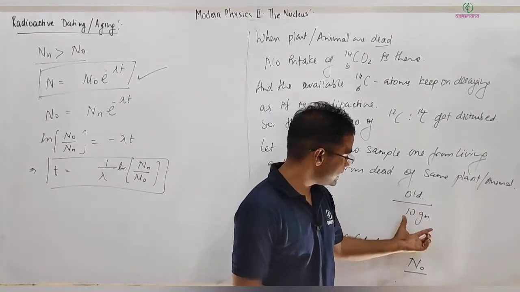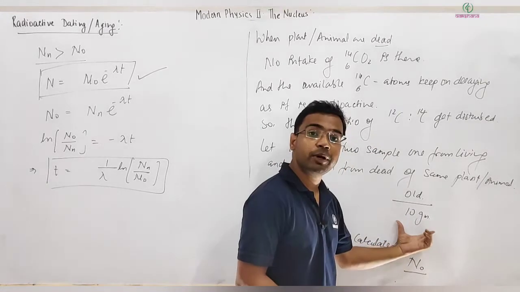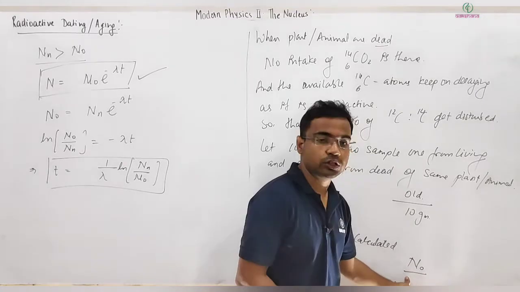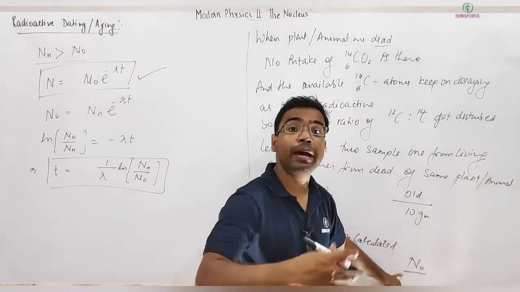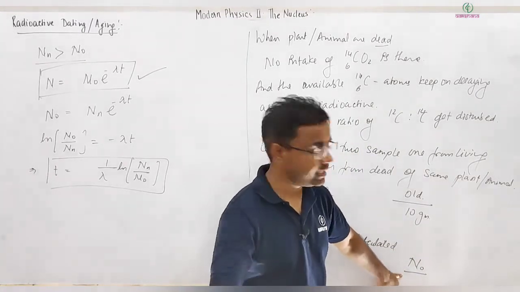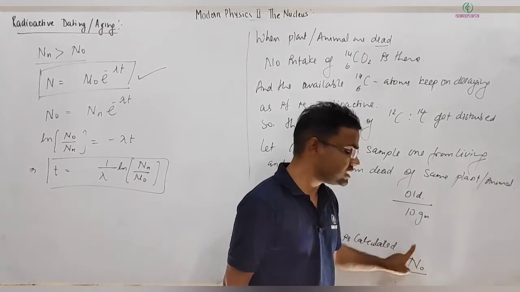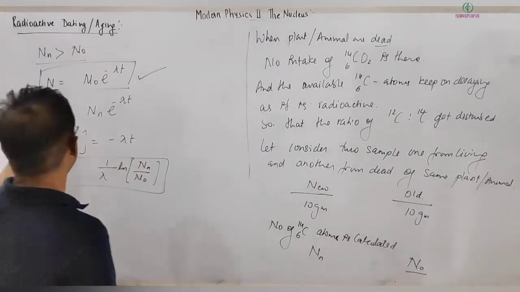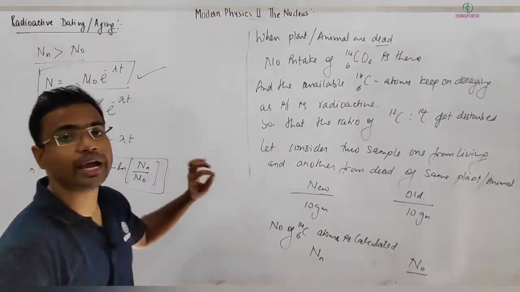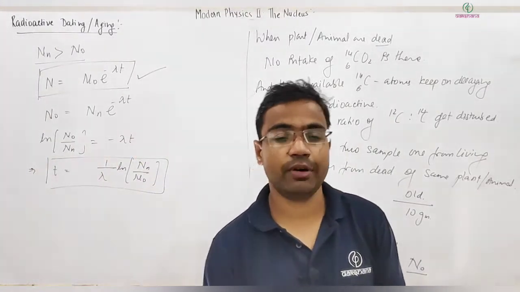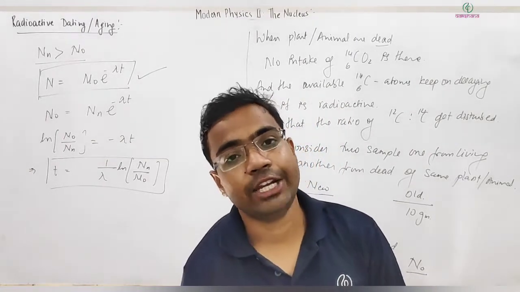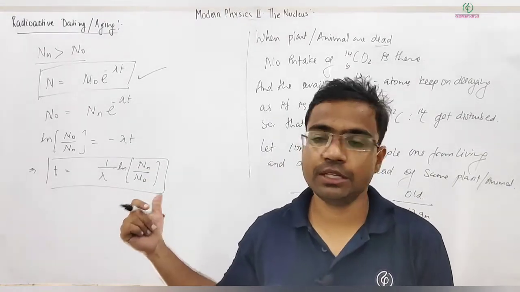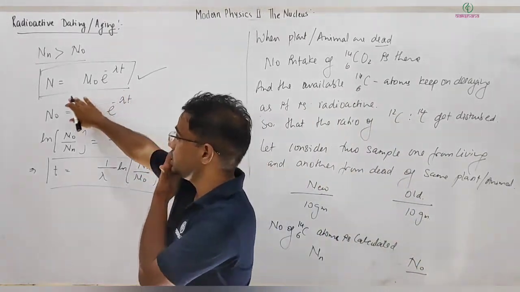Here for the old, the same 10 gram sample, we are calculating the number of carbon 14 elements present in this, and that is this one, N naught. Because some atoms have decayed, I can definitely say this will be less than this. And the relation between these two we can write by simply using the relation for the number of radioactive nuclei for a radioactive atom, normal radioactivity, what we have seen. So you know this relation.